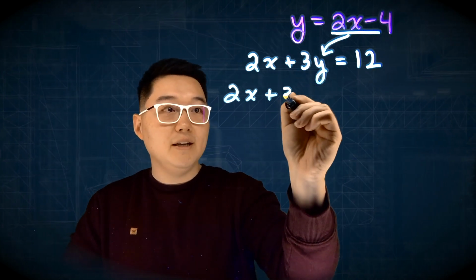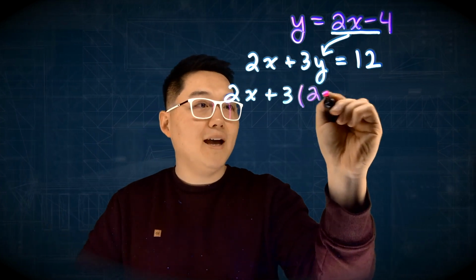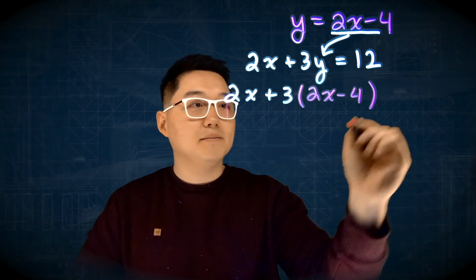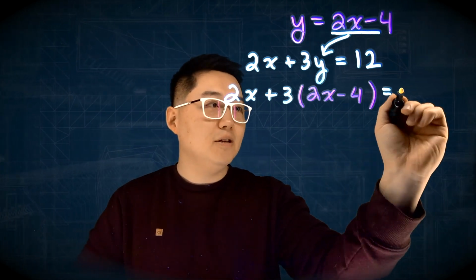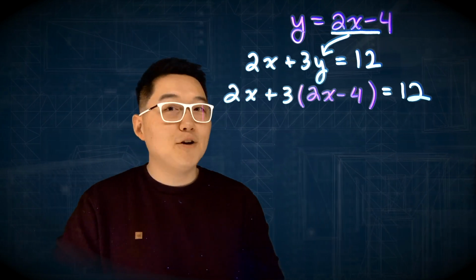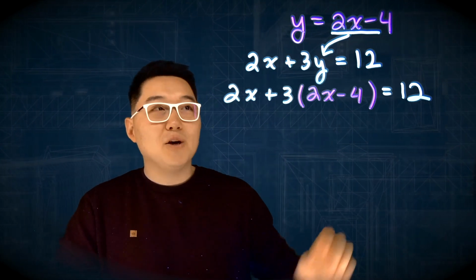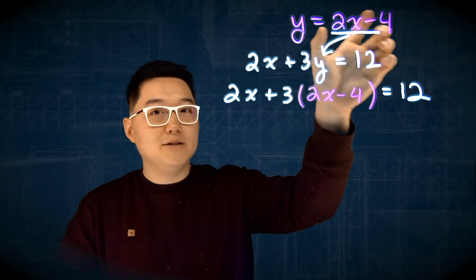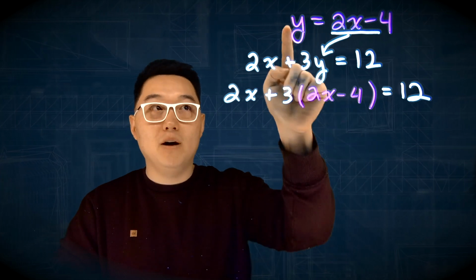So it's 3 times (2x minus 4). This whole equation has to equal 12 from the second equation. That first step was a process called substitution. We substituted 2x minus 4 for y, because that's what y is equal to.